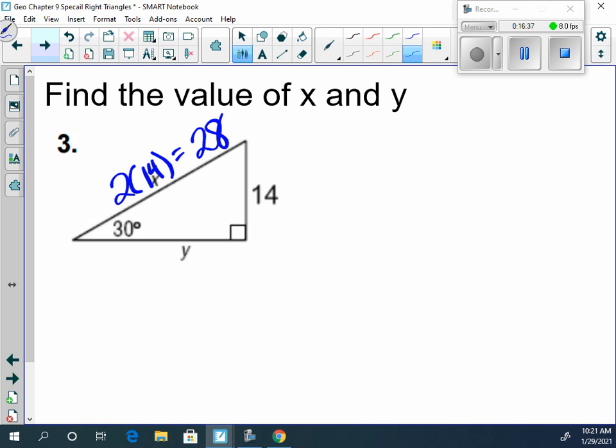Now what? To get the side opposite 60, we're going to multiply 14 by the square root of 3. And that will give us what? 14 square root of 3.